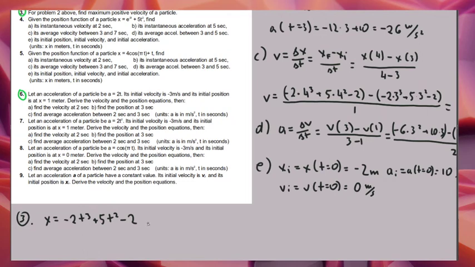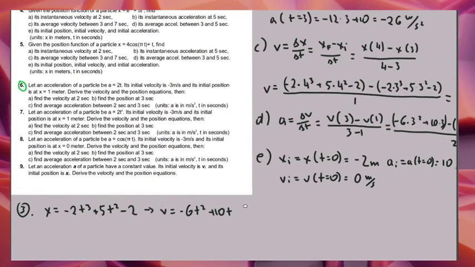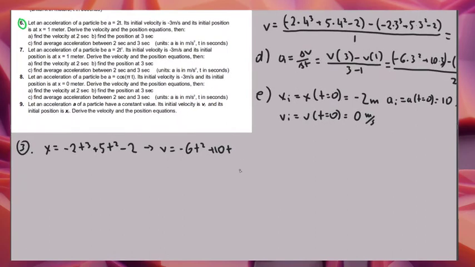All right, so what I need to do is find the velocity equation, v as a function of time equals, and I already did that, but I'll do it again. So this is minus 6t squared plus 10t. That's the velocity, and I'm looking for the maximum velocity of a particle. To find the maximum value of a function, I take the derivative of it and set it equal to 0.